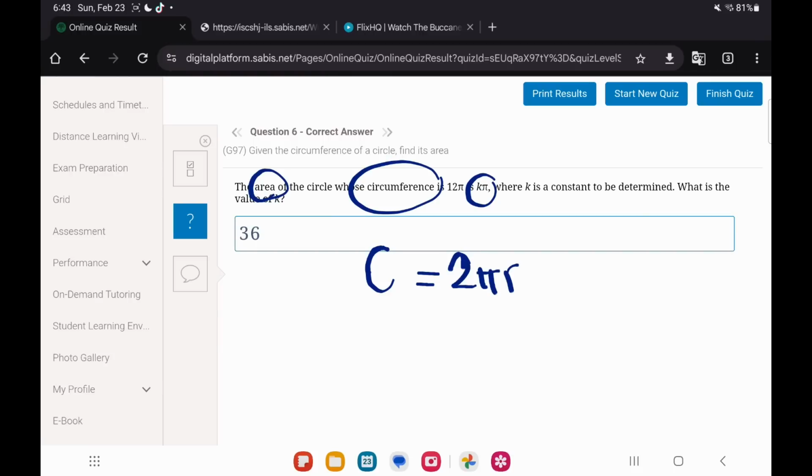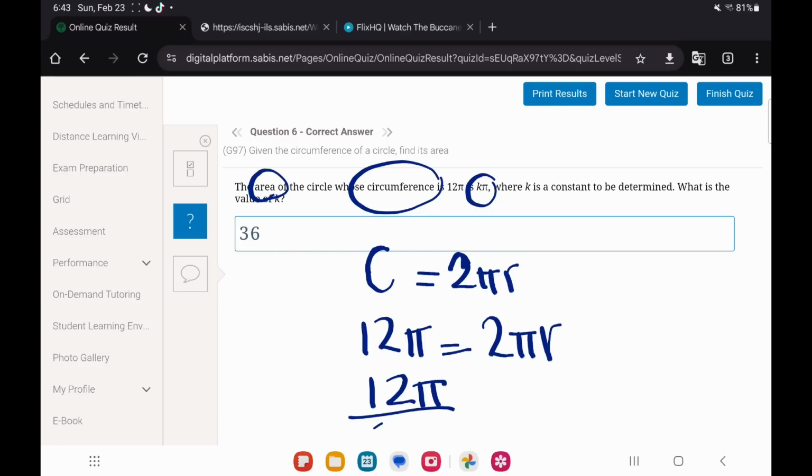And here our circumference is 12 pi. So 12 pi equals 2 pi r, so we divide 12 pi over 2 pi equals r. r is equal to 6.